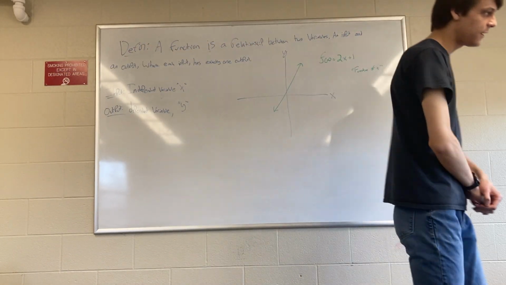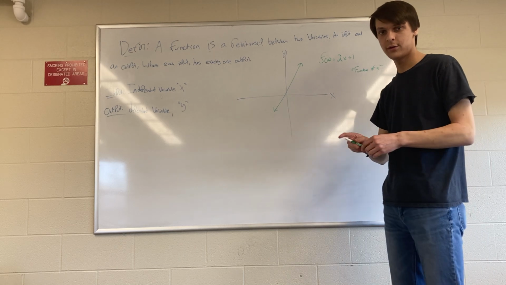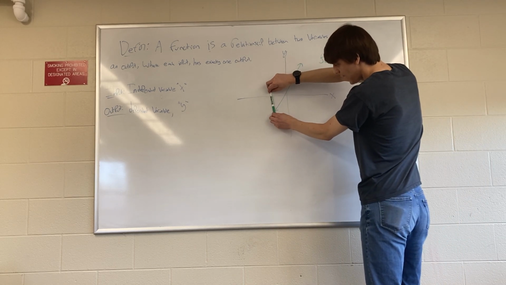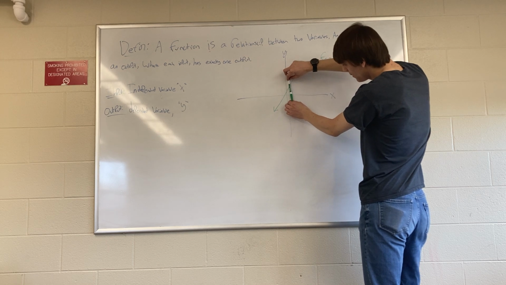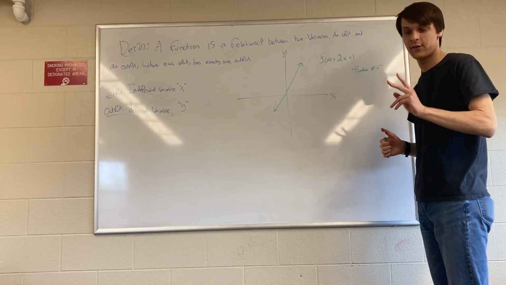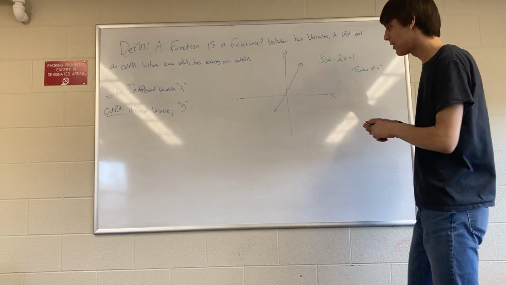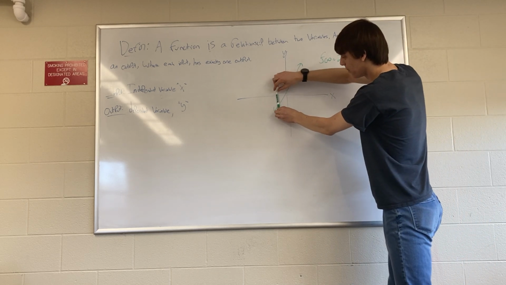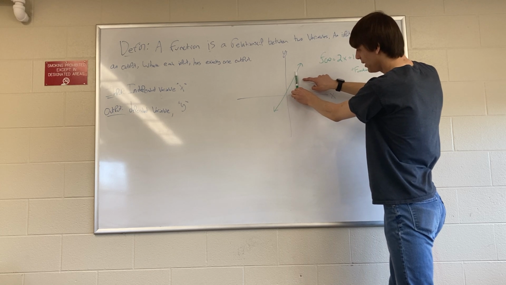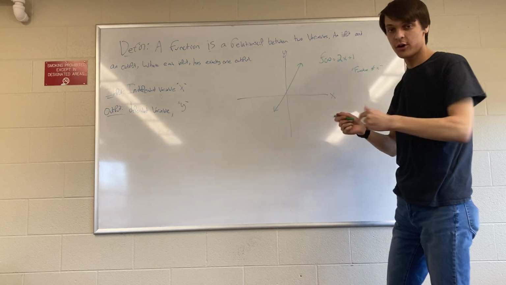The vertical line test means you take a vertical line, I'll use the marker in this case, and we put it on a graph. And we move it from left to right, and we see if our vertical line passes through 2 points on the graph. So in this case, I put my vertical line on the graph and move it through it. It only ever touches one place on the graph at any given time. So that means it's a function. We're good.